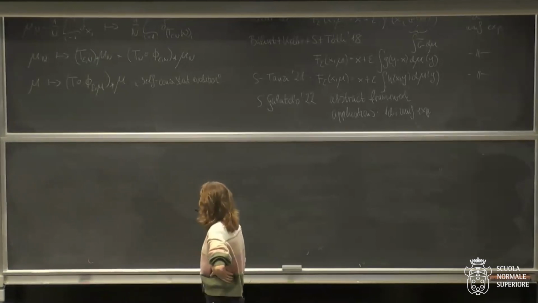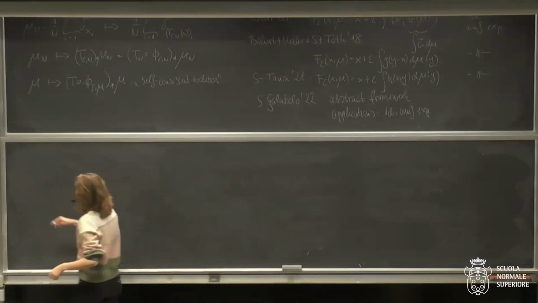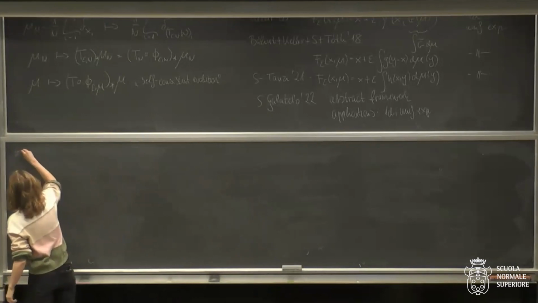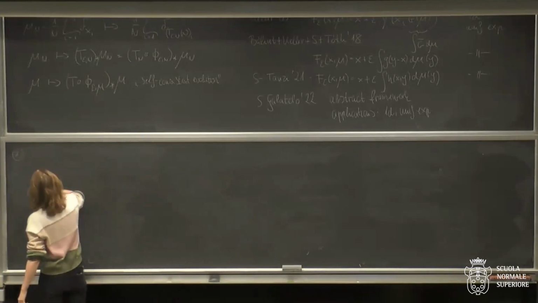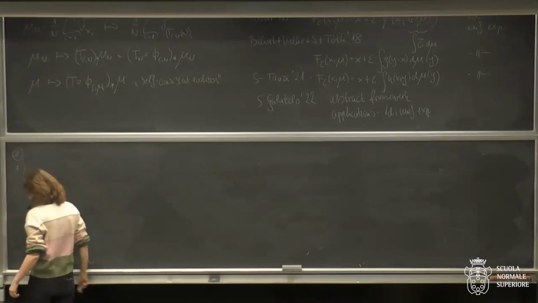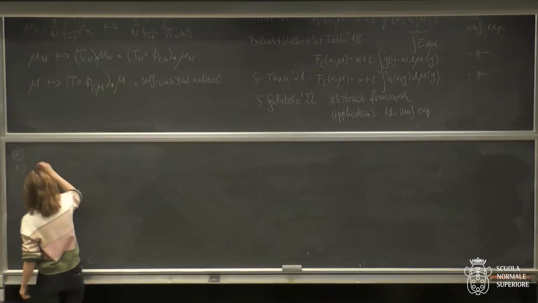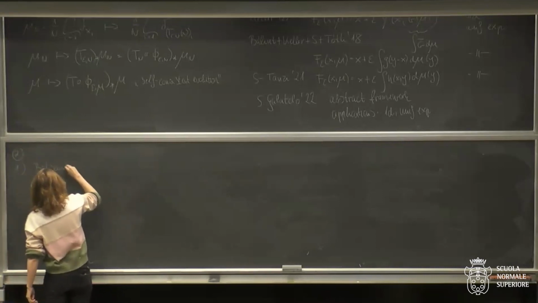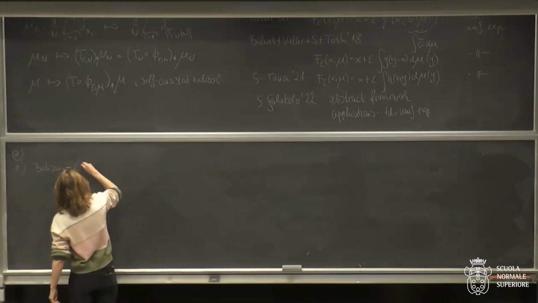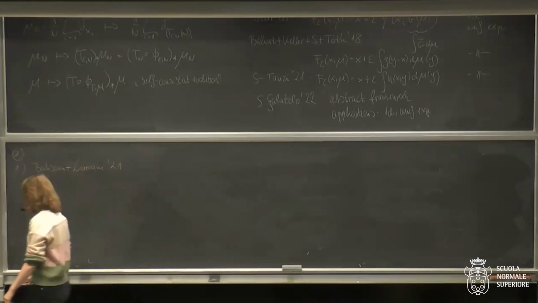Okay, so in order to present the results, I have to digress a little bit and talk about our functional analytic toolbox. So first of all, I will talk about Banach spaces. These Banach spaces were introduced by Baladi and Carlangelo Liverani in a 2021 paper.